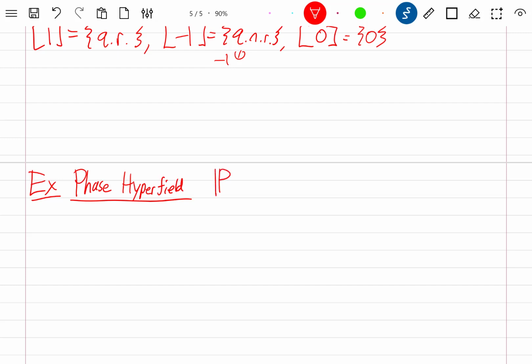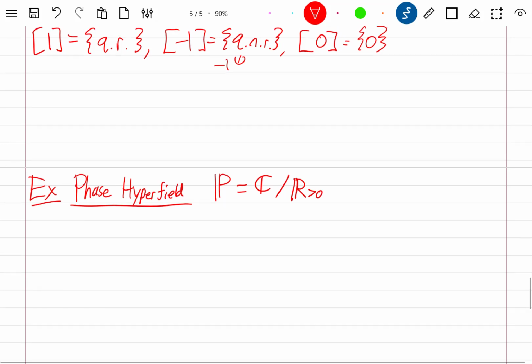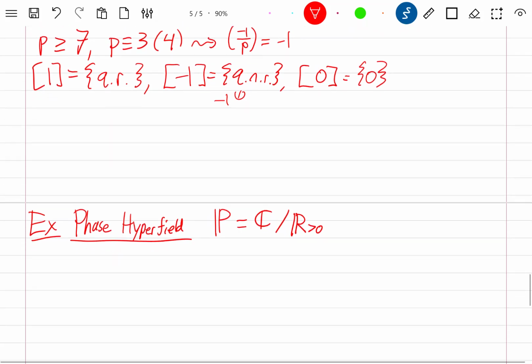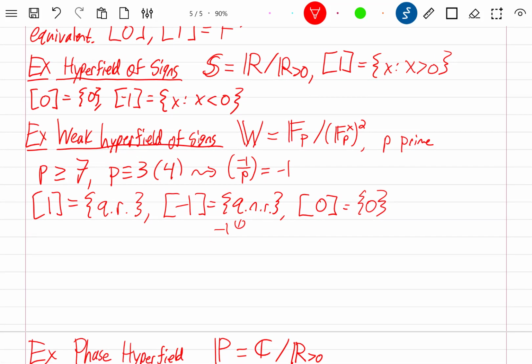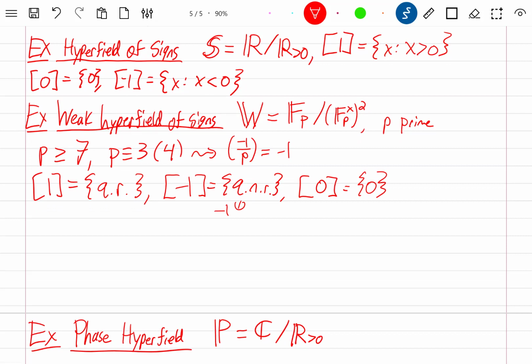I know P is probably more for projective space, but here this is going to be the complex numbers modded out by the positive reals. In some sense, this was the inspiration for finding extensions for quotient hyperfields, because if I take the real numbers, I don't know how to extend it in the hyperfield case in general, but I can extend it in the field case.